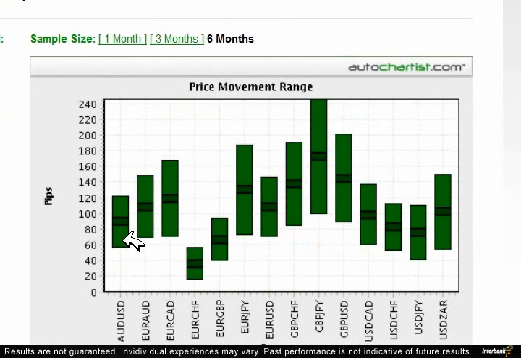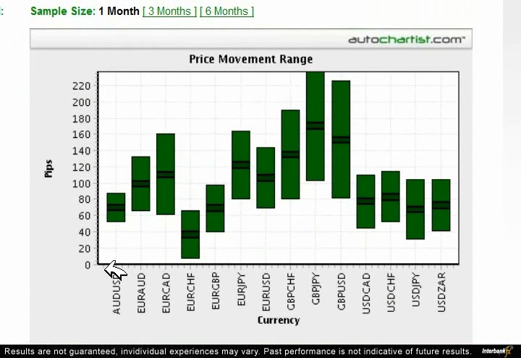So we had a range of about 60 to 120 with an average of 90 over the 6 months. Take a look at the last 1 month. Its behavior is much different. The average is about 70. The high is about 90. And the low is almost 50, 55 pips. So the Aussie, compared to the last 6 months, this most recent month has definitely changed its behavior. It's much less volatile right now.